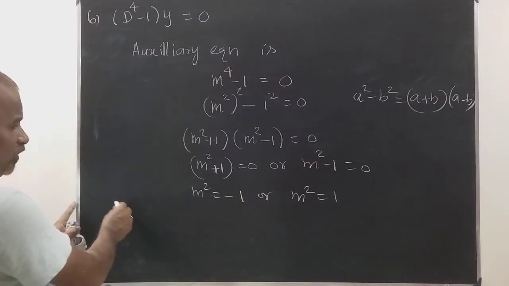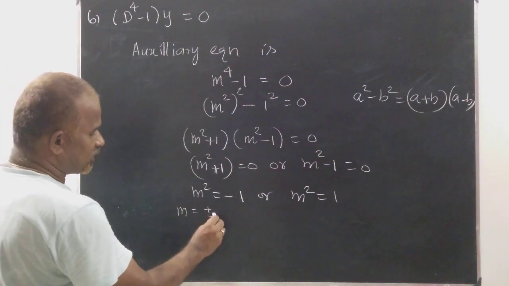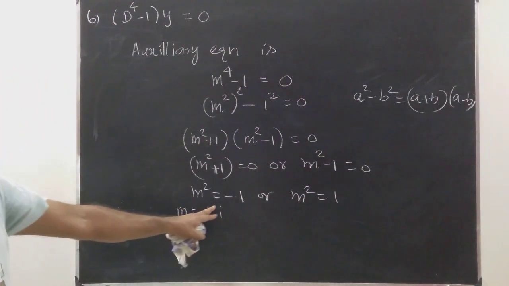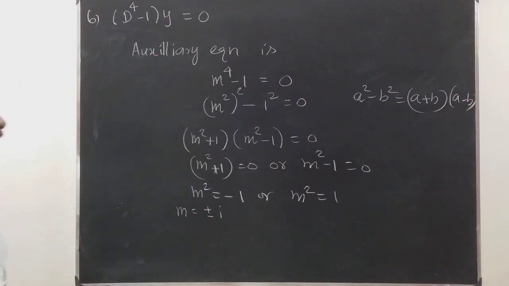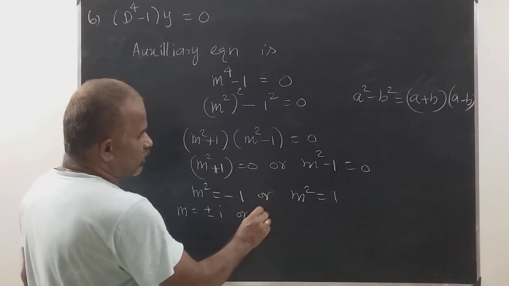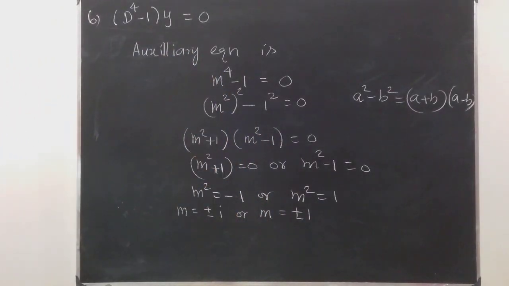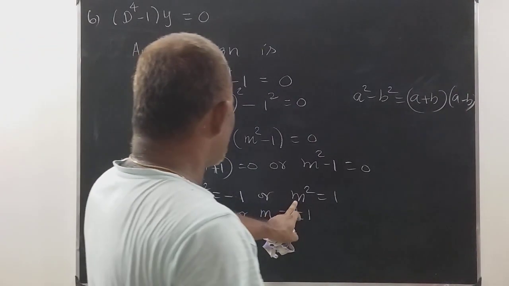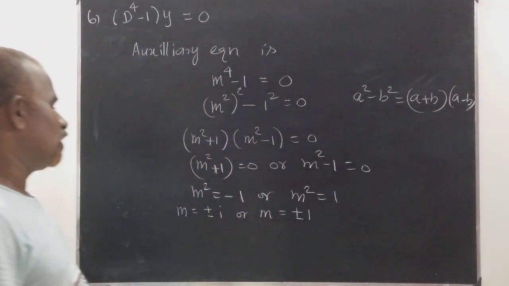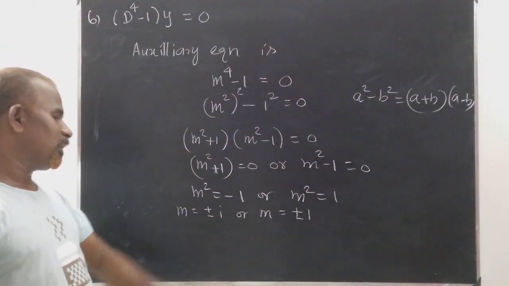Okay, so therefore here m is equal to plus or minus i, the square root of minus 1. Or m squared is equal to 1, so m is equal to plus or minus 1. Okay, so m is equal to plus 1 or m is equal to minus 1. So here the two roots are real and distinct. Here the two roots are imaginary.